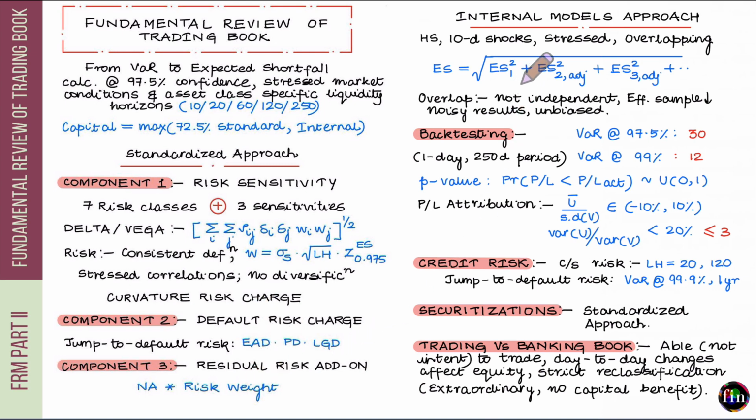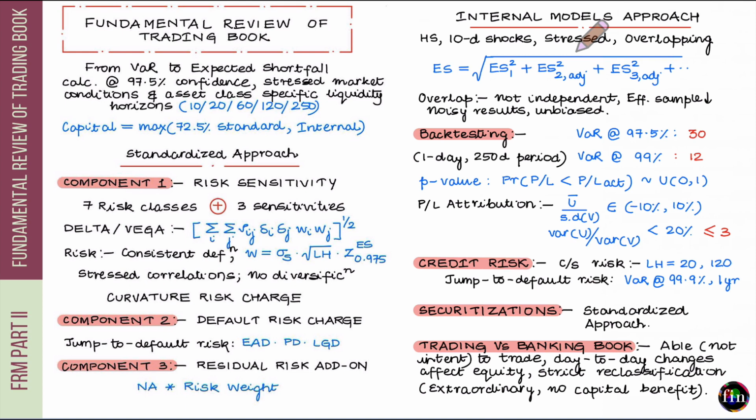Let's now move on to the internal models approach, an approach in which, in a sense, we have to calculate the expected shortfall. Now, a popular method to compute expected shortfall is historical simulation. We need to work with 10-day shocks. These 10-day shocks need to be sourced from an appropriately chosen stressed period.